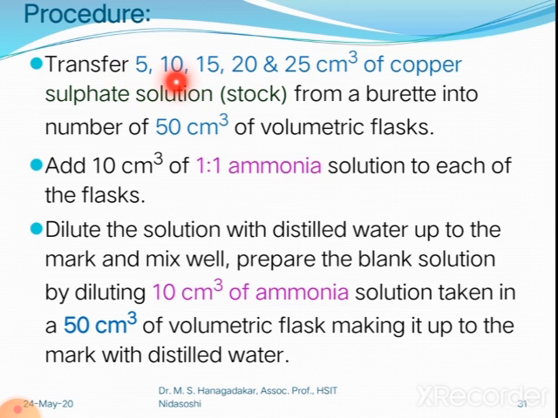In the second flask, 10 ml copper sulfate solution, third flask 15 ml, fourth flask 20 ml, and fifth flask 25 ml of copper sulfate solution from the stock, transferred with the help of a burette. In the second step, for all the 5 flasks, you need to add 10 cm cube of 1:1 ammonia solution.